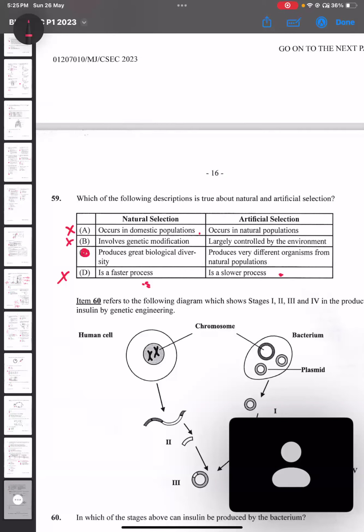So the most appropriate answer is C, where it says natural selection produces great biological diversity, and artificial selection produces very different organisms from the natural population.